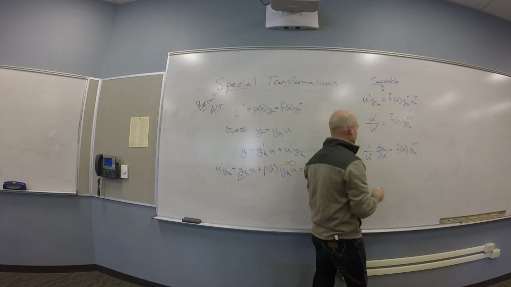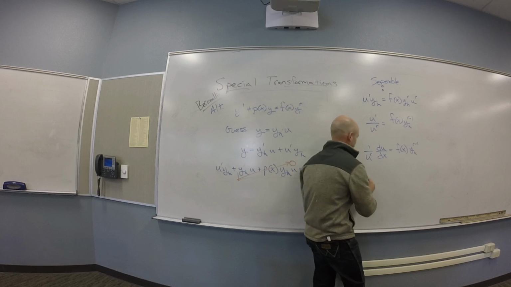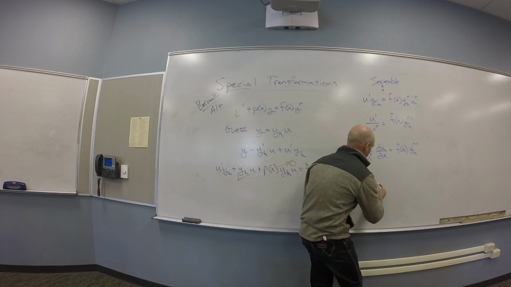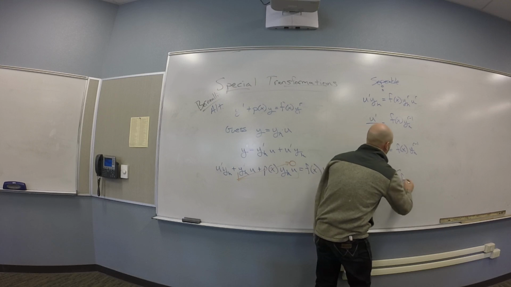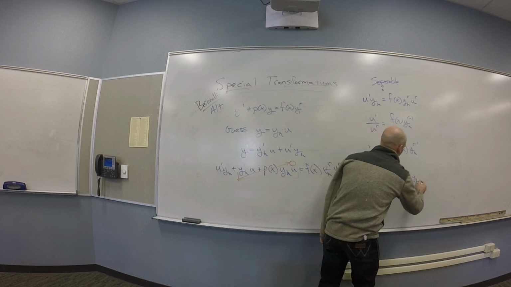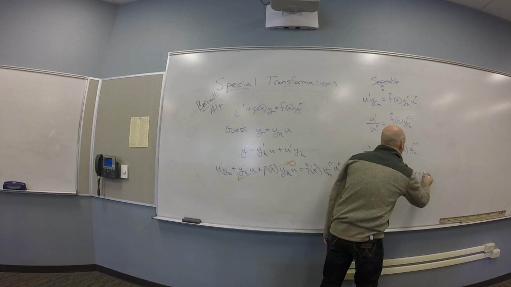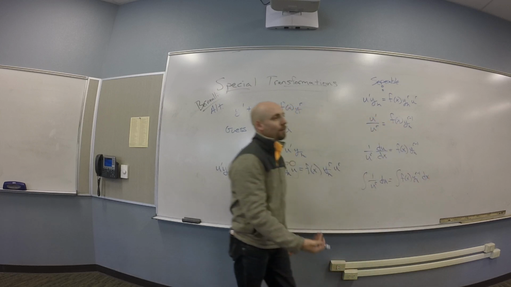Multiply the dx to the other side and then integrate everything. The integral of 1 over u to the r du is the integral of f of x y_H to the r minus 1 dx, which is probably nasty.